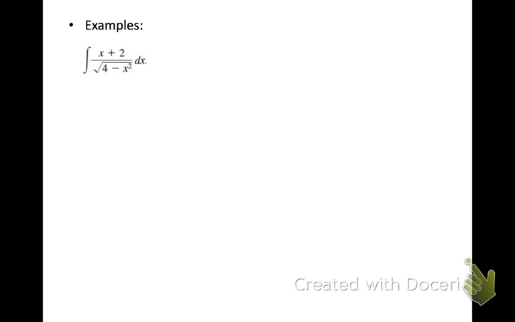Yeah. Because we can decompose it. So we're going to rewrite this as the integral of x over the square root of 4 minus x squared dx plus the integral of 2 over the square root of 4 minus x squared dx.